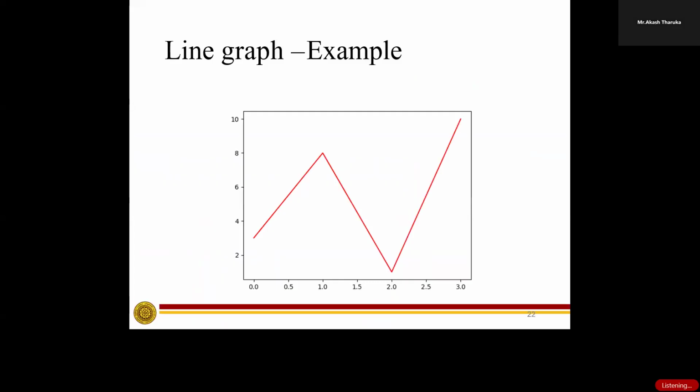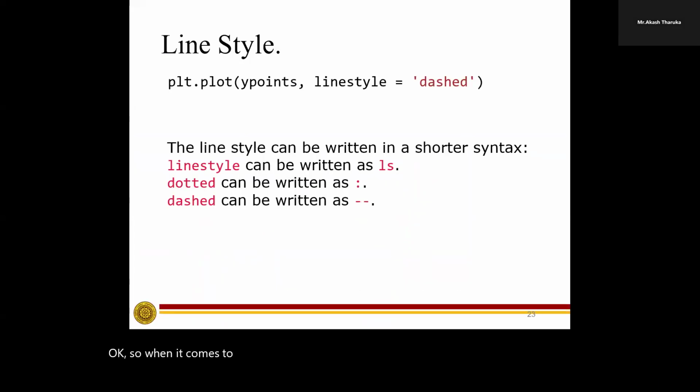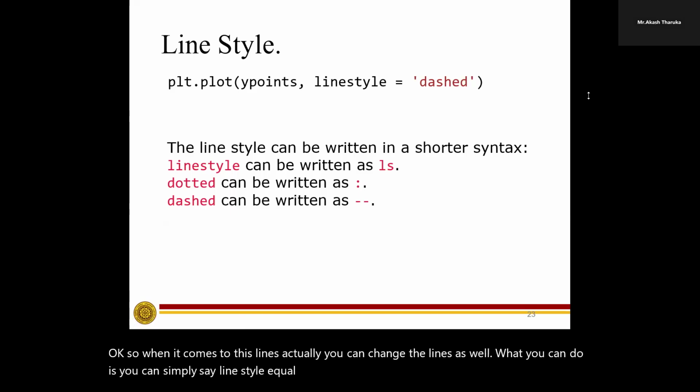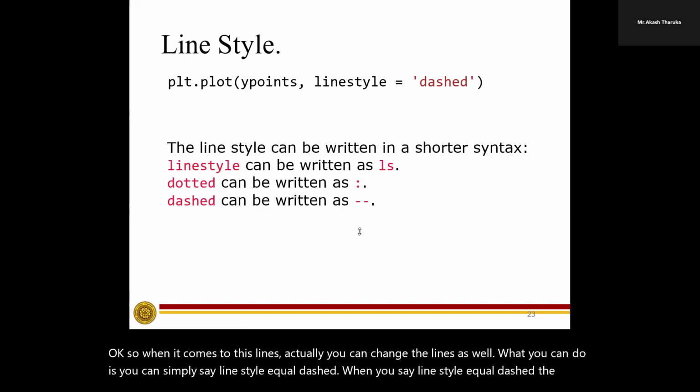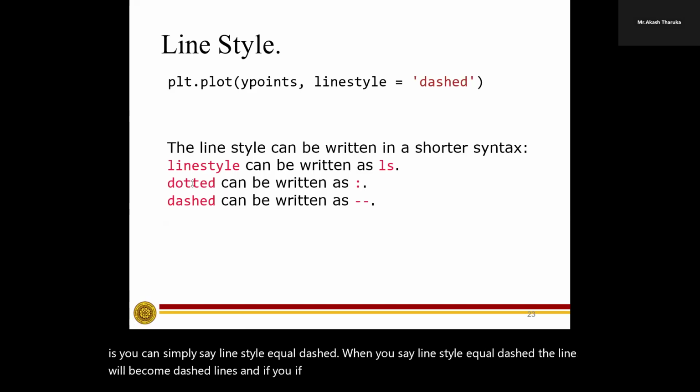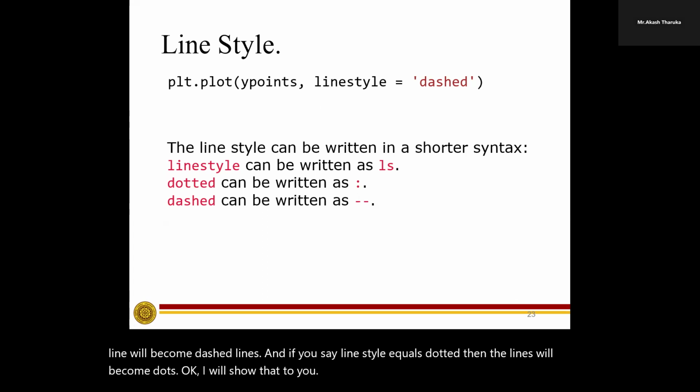When it comes to these lines, actually you can change the lines as well. What you can do is you can simply say linestyle equals dashed. When you say linestyle equals dashed, the line will become dashed lines. And if you say linestyle equals dotted, then the lines will become dots. I will show that to you quickly for your reference.